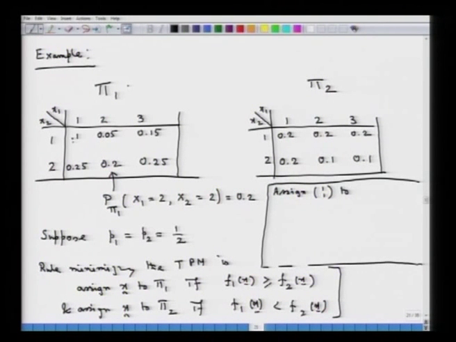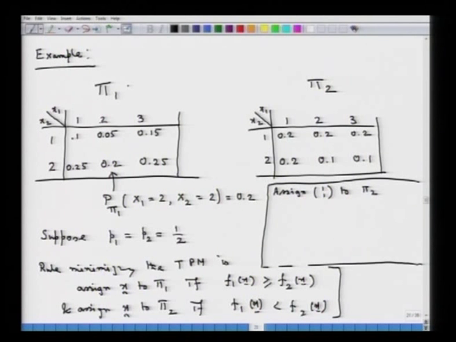Now, we will have to look at whether this is higher than this, because we assign x to pi 1 if f1x is greater than or equal to f2x, and to the other population otherwise. So, for this 1 1 combination, we see that this is the f1x and this is f2x. So, this is to be assigned to pi 2.